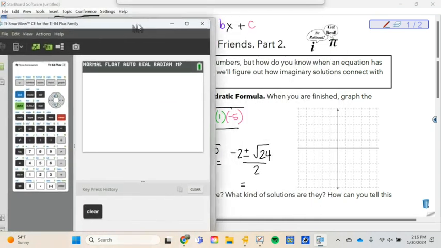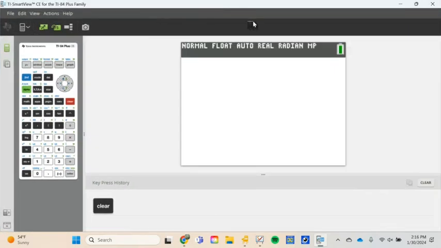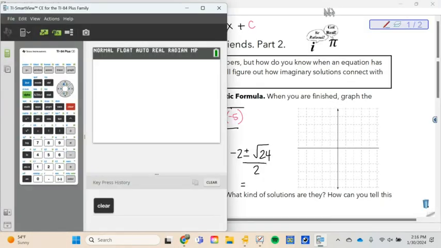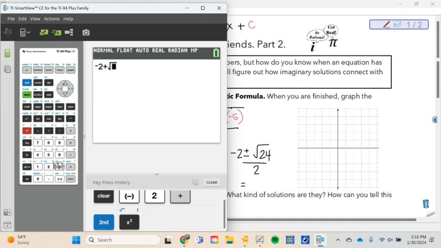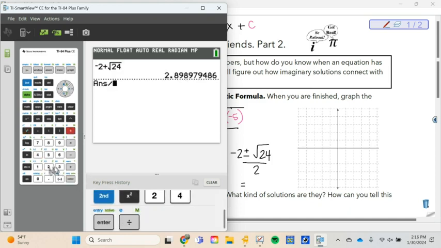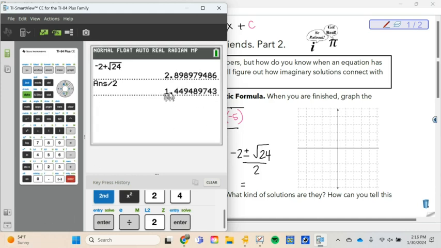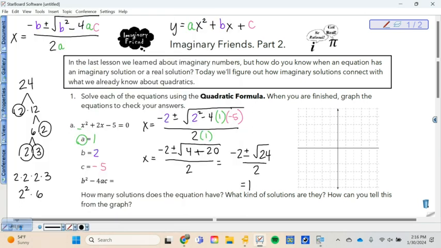Can I do that? Okay. So if I plug in negative 2 plus radical 24 divided by 2, that's going to be one of my solutions. It's going to be 1.45.